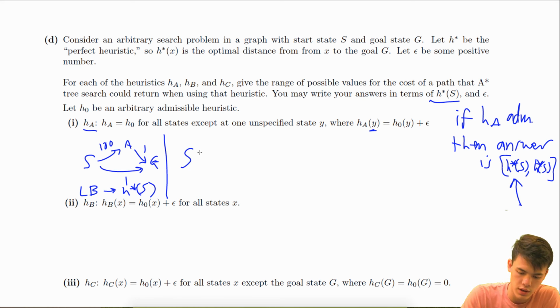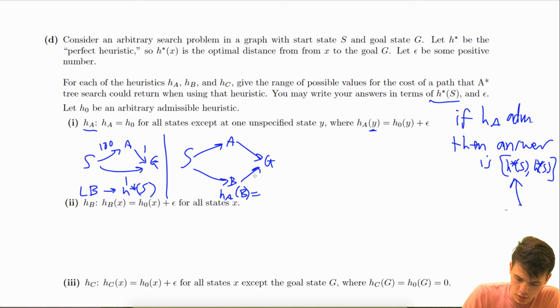We have some start, and let's make two paths. One that goes through A to the goal, and one that goes through B to the goal. And let's say B is actually the good one, the optimal route, S, B, G. But we're going to have our heuristic, HA of B, going to be, let's say this is 1, so it's going to be 1 plus epsilon, which is an overestimate. And maybe call this like 4 or something.